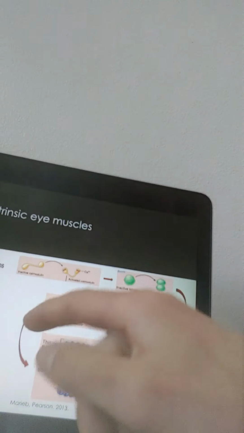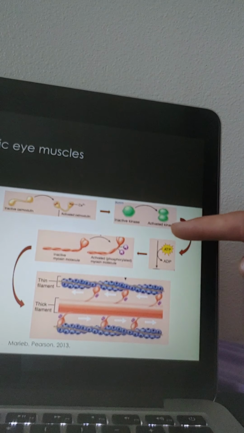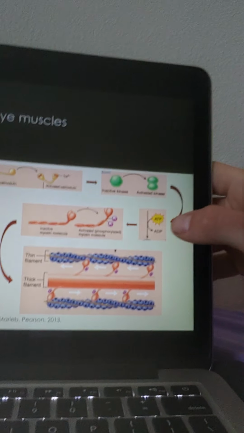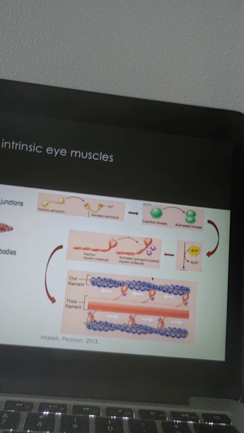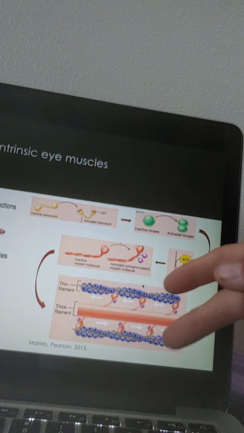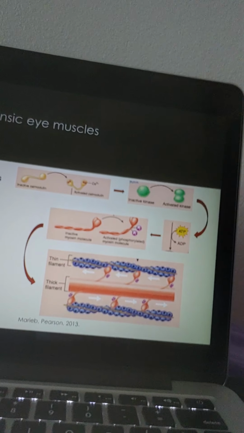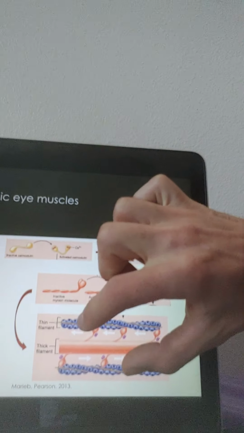And so the activated calmodulin will activate a different protein, a kinase, which will phosphorylate this ATP and move the phosphate group onto the myosin head, which will activate the whole filament complex and create the contraction.